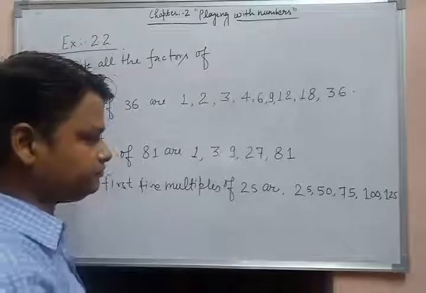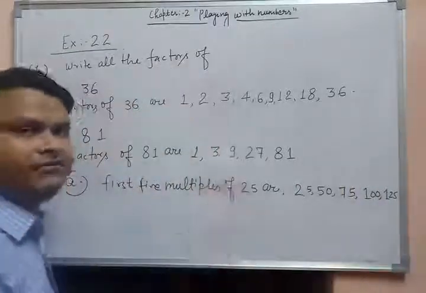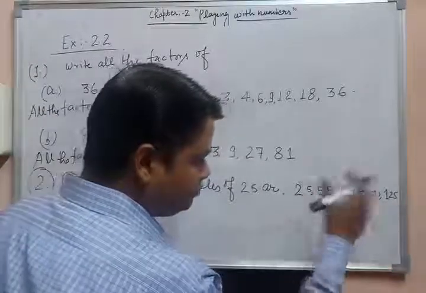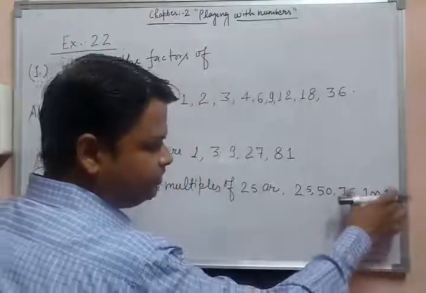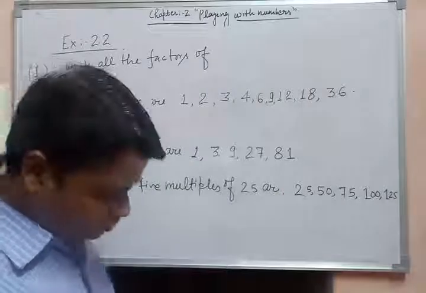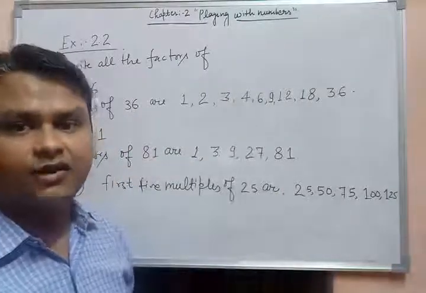You have to write only the first 5 multiples. It means you have to write from the beginning, and after writing the first 5 multiples, you have to stop. All the remaining questions you have to solve by yourself.